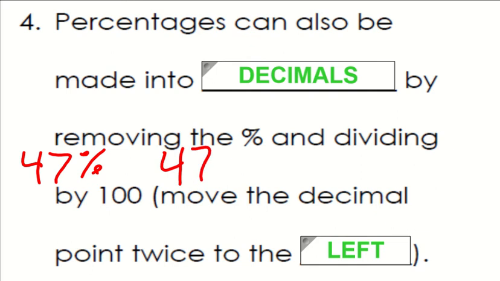If you don't have a calculator, dividing by 100 is moving the decimal 2 spots to the left. If it's a whole number, remember there's always a decimal after it. So 2 spots to the left means I go 1, 2. So 47% is 0.47.